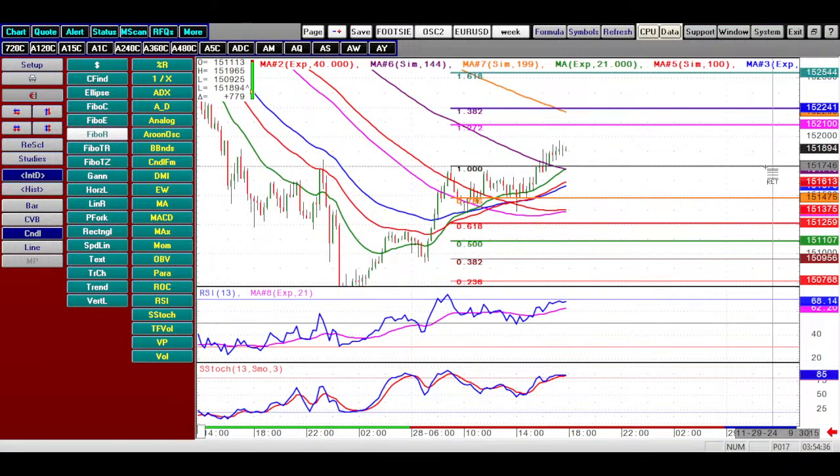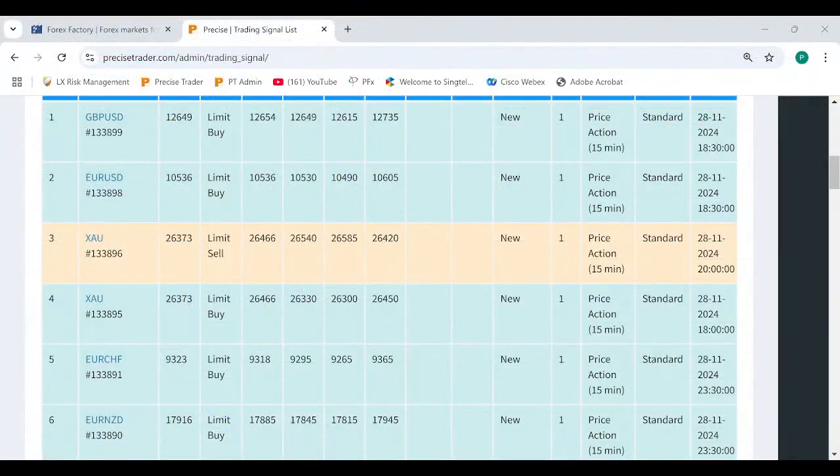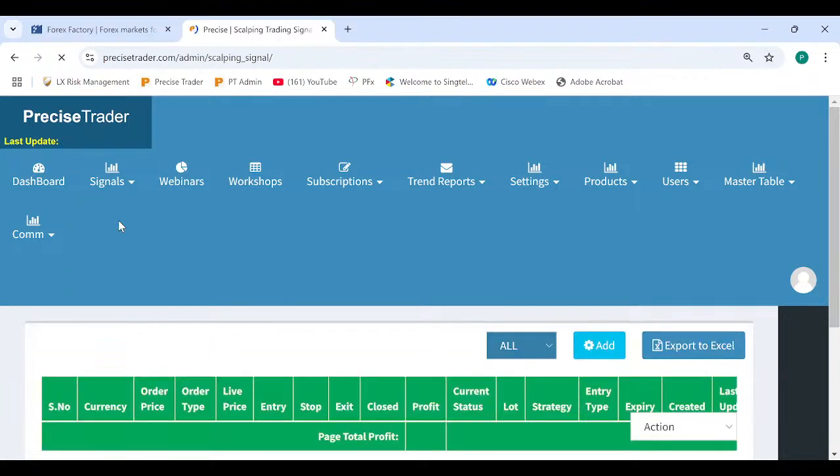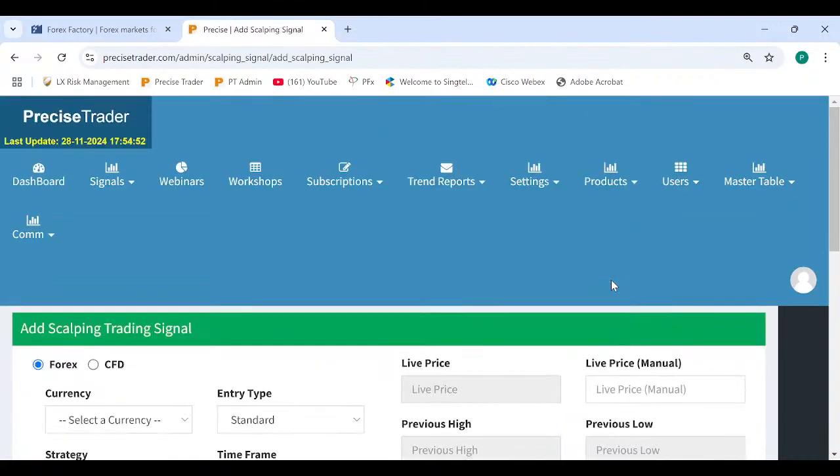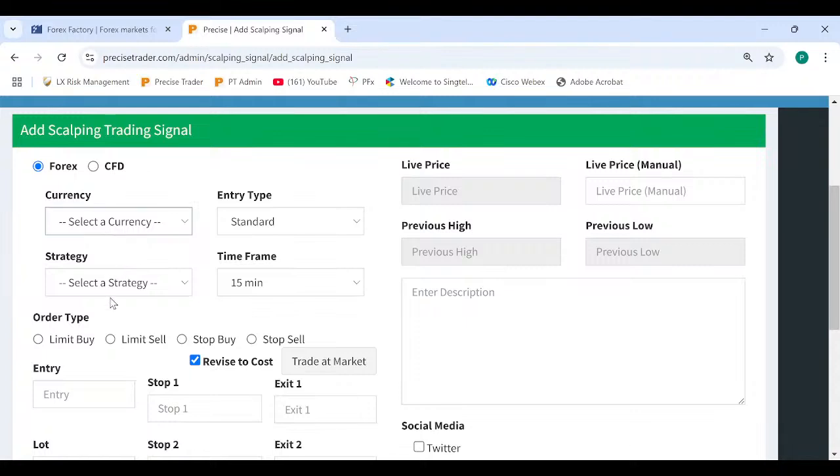So I'm giving you three trade setups based on this. The quick sell would be selling at 152.30. Stop we'll put at 55, and remember I told you it's a quick sell, so we should be exiting at 151.80.